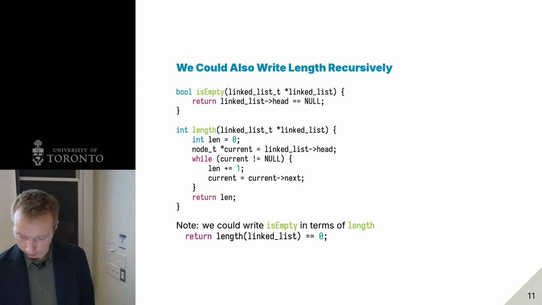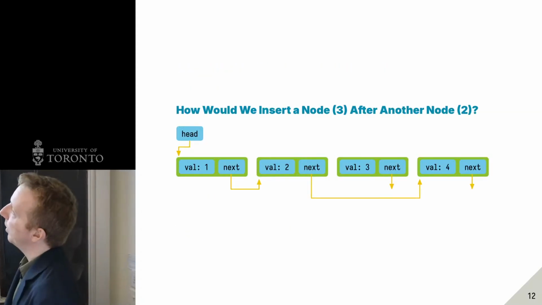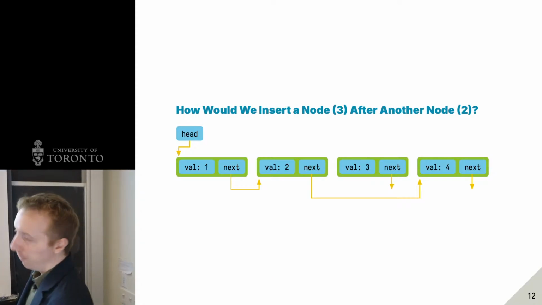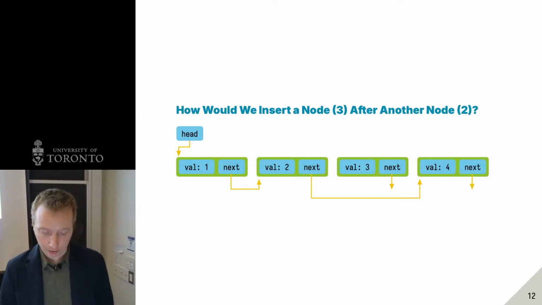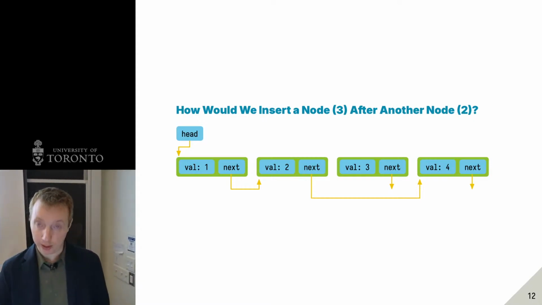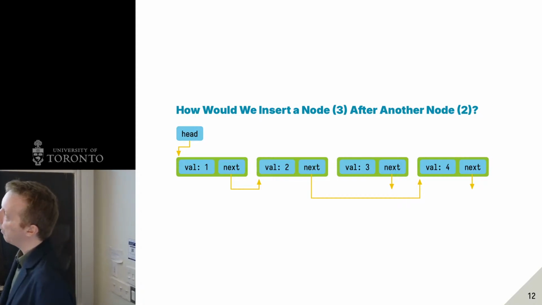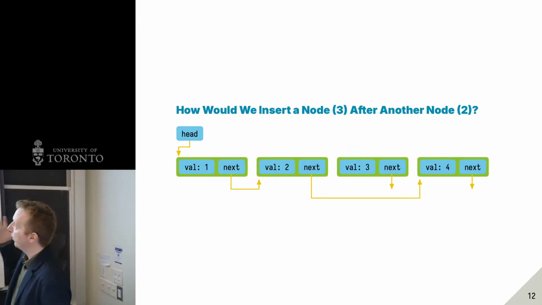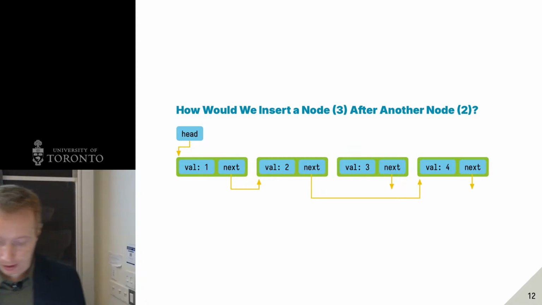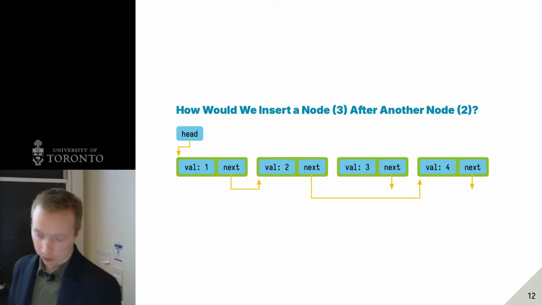All right. So what if I want to insert a node after another node? We've just had our function to insert a node at the very beginning. But what if we want to insert it after another node? Say 3 is currently not in my list, and I want to add it to my list after node 2.